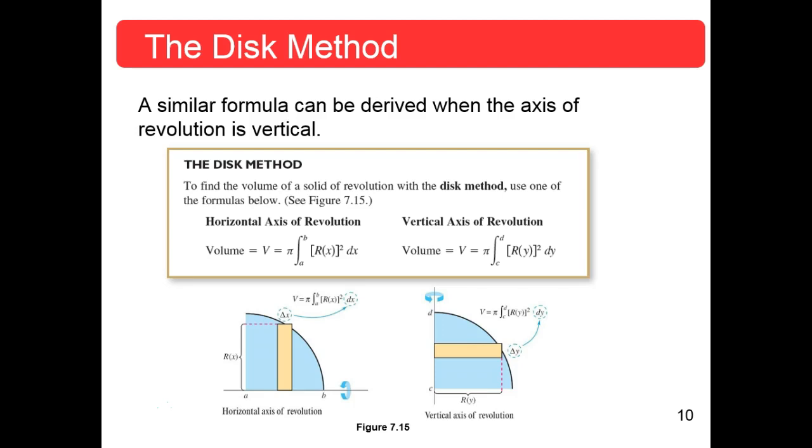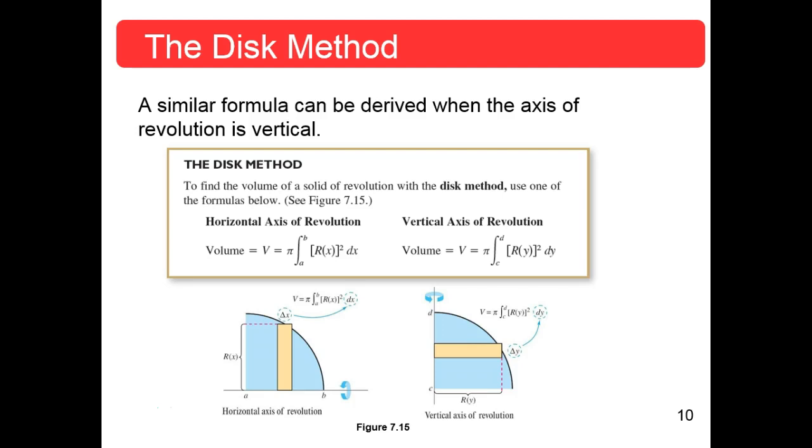Then you have to get all this function in terms of x as a function of y. So this has to be r of y, because if you're doing a dx here, this has to be in terms of x. If you're doing a dy here, this has to be in terms of y. That just becomes necessary. Otherwise, it's really hard to calculate.